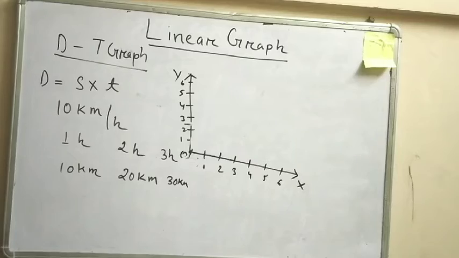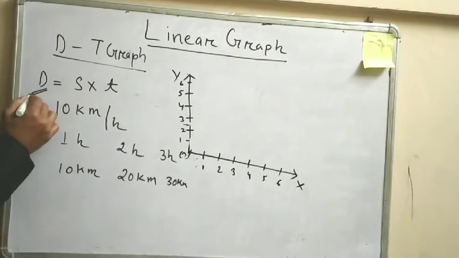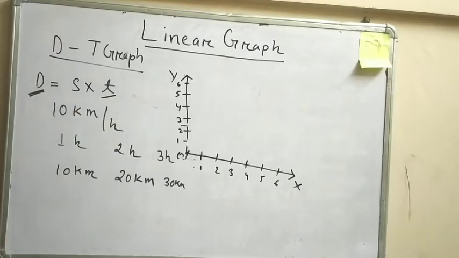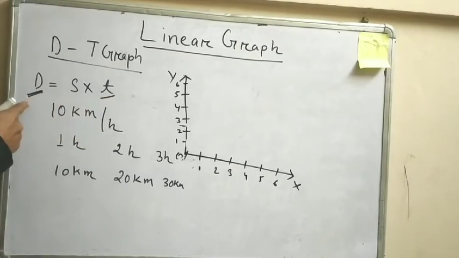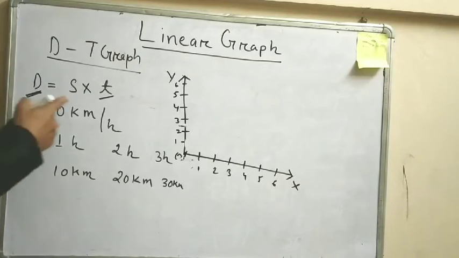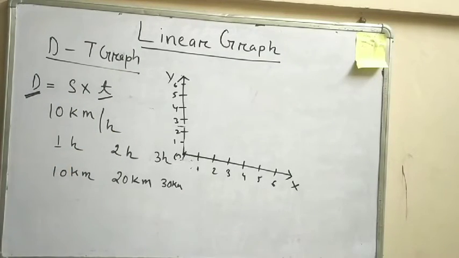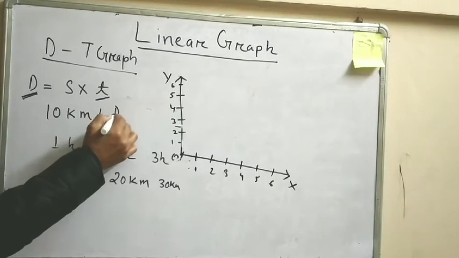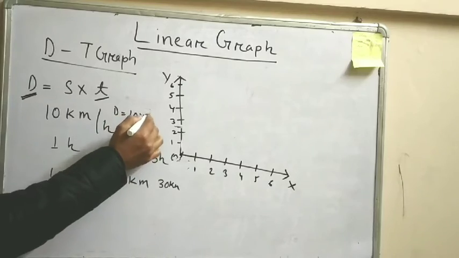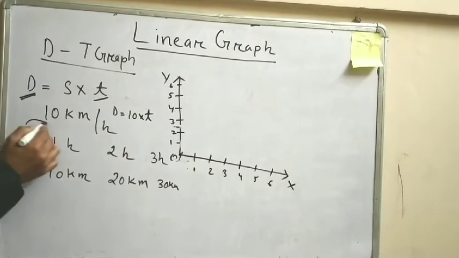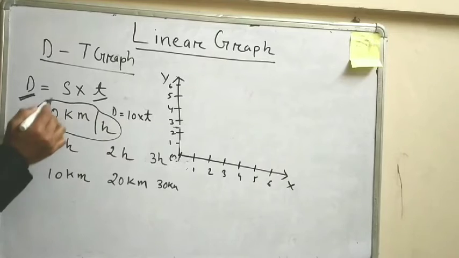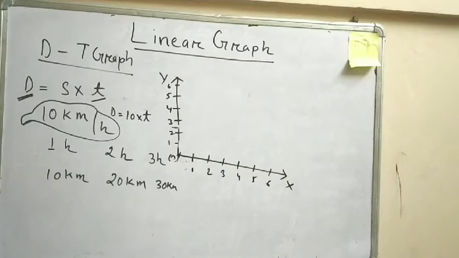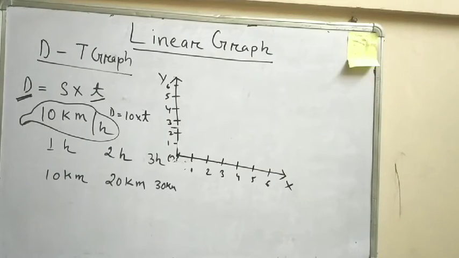That means this quantity, distance, is directly dependent on time. If the time increases, the distance increases. If the time decreases, the distance decreases. So we can say that the distance is equal to 10 times the time, because the data given is that the distance covered by the car in 1 hour is 10 km, that is, the speed is given.